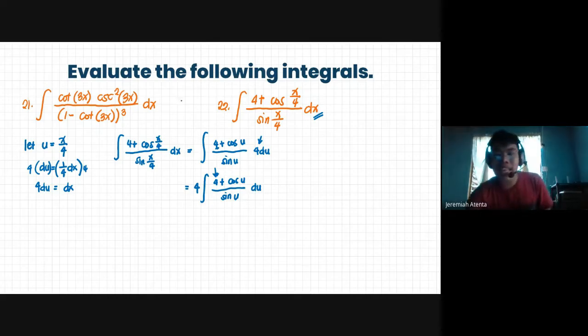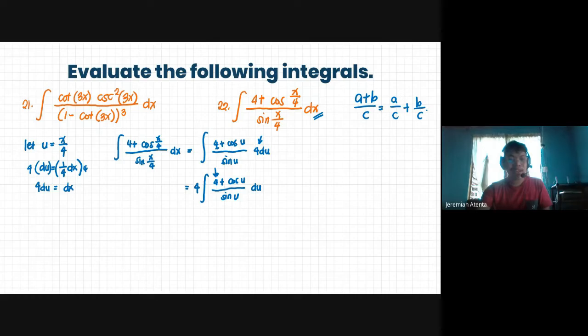But take note that if you have A plus B over C, we can separate that into A over C plus B over C. In that case, it is easier.